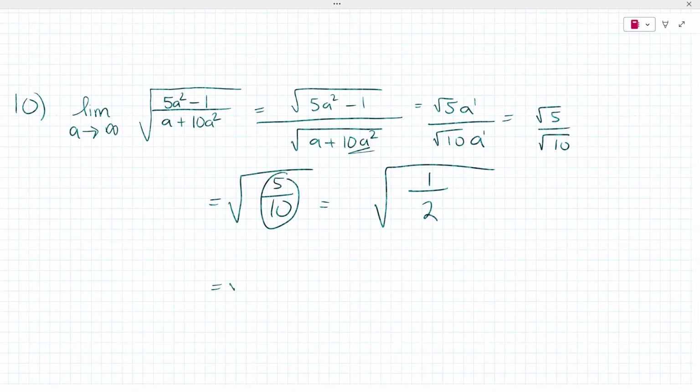That's the same thing as square root of 1 over square root of 2. The square root of 1 is 1, and on the bottom, square root of 2 is just square root of 2. You can take this one step further. You can rationalize the denominator by multiplying top and bottom by radical 2. So 1 times radical 2 is radical 2, and radical 2 times radical 2 is 2.